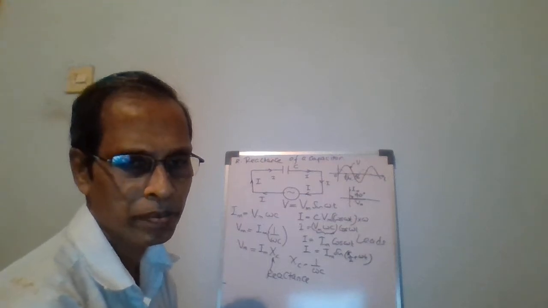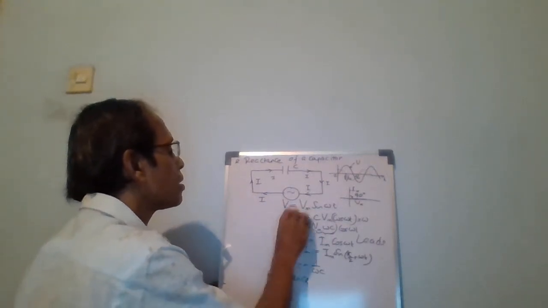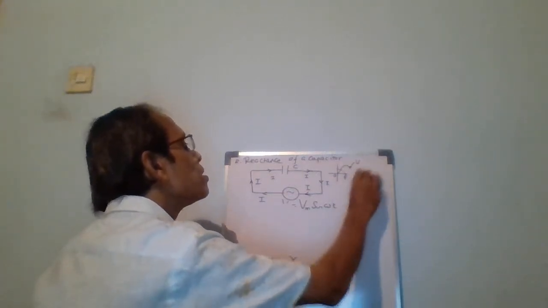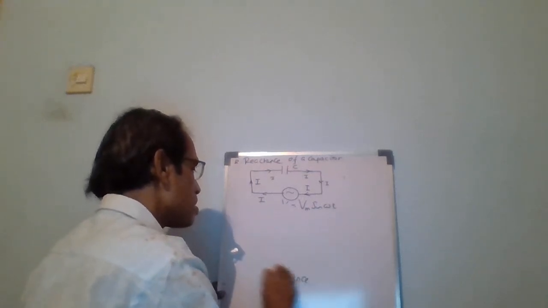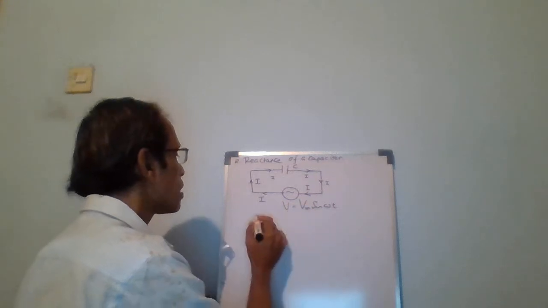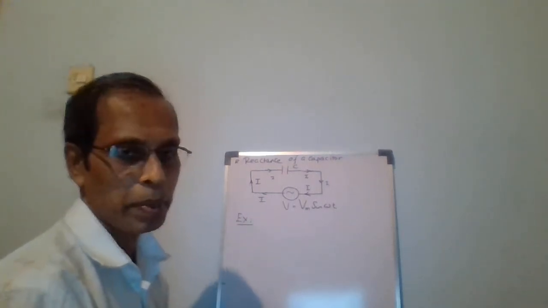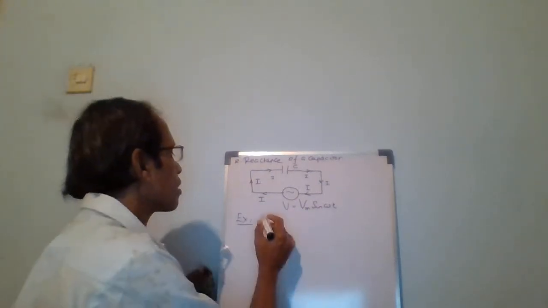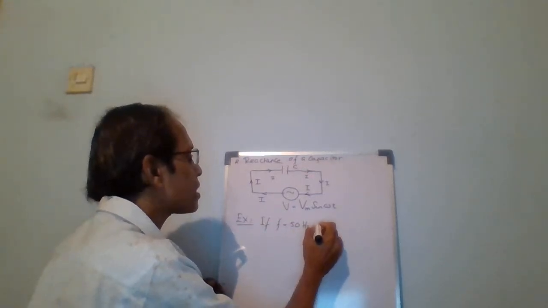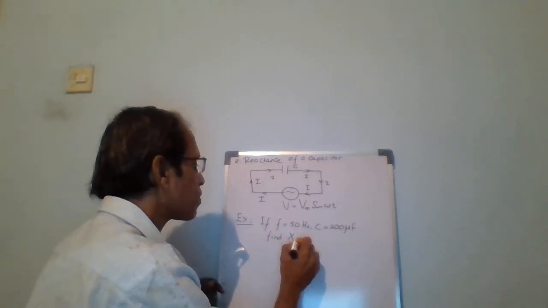Now let's see an example. The example says, if f is equal to 50 hertz and c is equal to 200 microfarads, find the reactance of the capacitor.